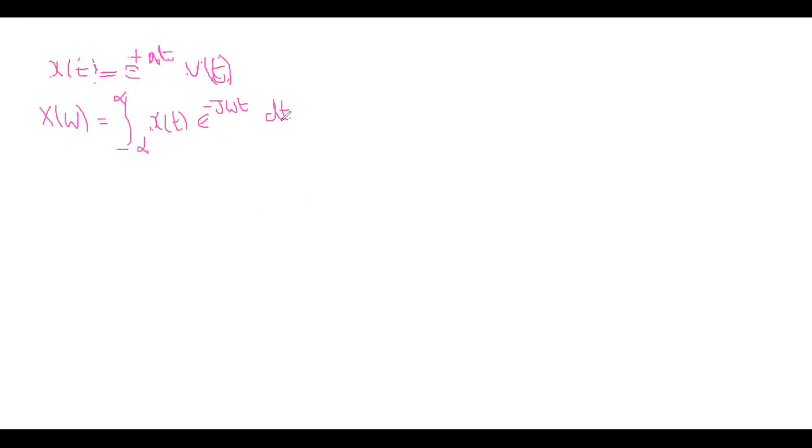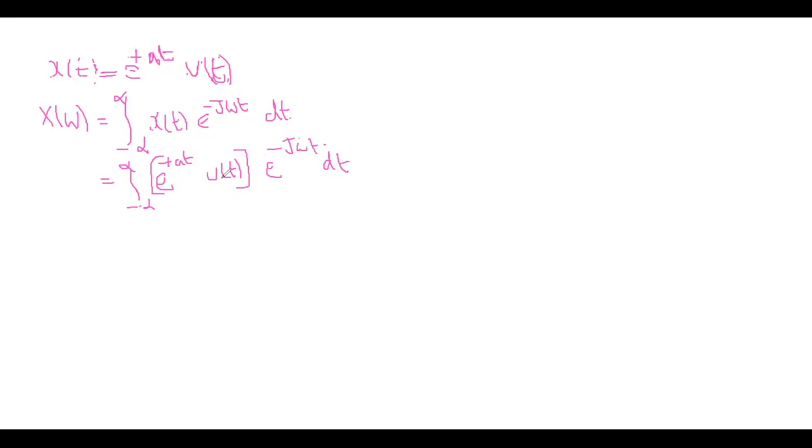Now, e power plus at mu of t is the given signal. Mu of t means a step function, my dear students. It's a step function, and e power minus j omega t dt.